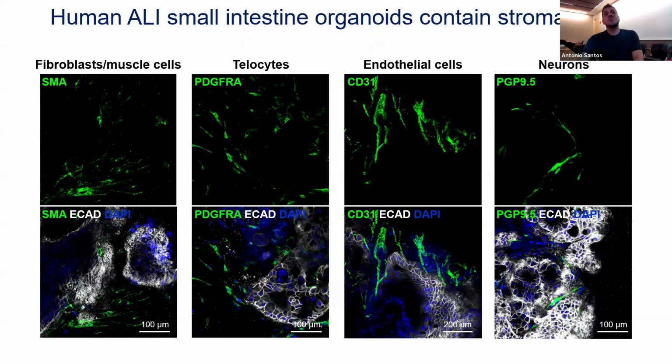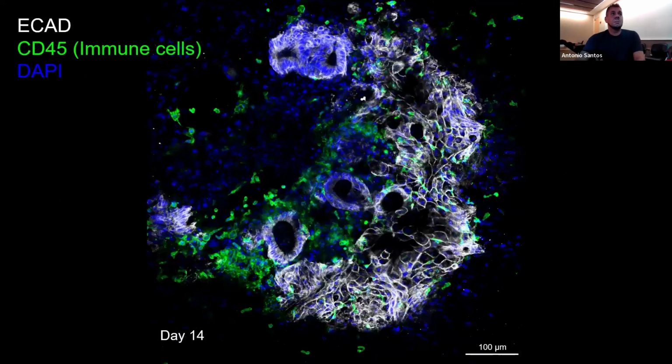And as I said before, we also have other cell types that are not just the epithelium ones. We have all sorts of different cells that do different things, like blood vessel forming cells. We have neurons in there. We have fibroblasts that are important to make growth factors important for the cells. And importantly, to study a disease like celiac disease, my organoids also have immune cells, represented here in green.